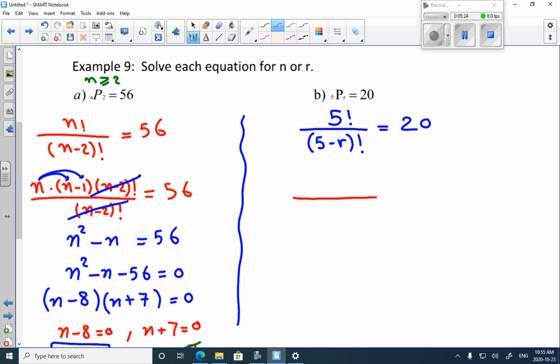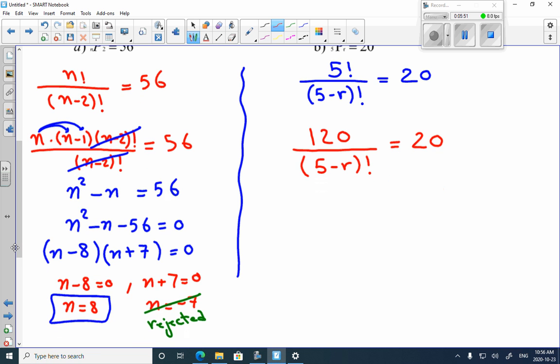I don't have r on the top to be canceled with any factor from the bottom, so I'm avoiding that idea, and I find the value of 5 factorial. 5 factorial is 5 times 4 times 3 times 2, which is 120 at the end. This would be 5 minus r factorial, and that's equal to 20. At this point, I can do some simplifying, or I can choose to do cross multiplication right away.